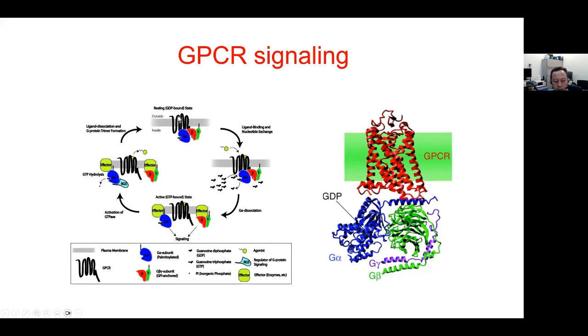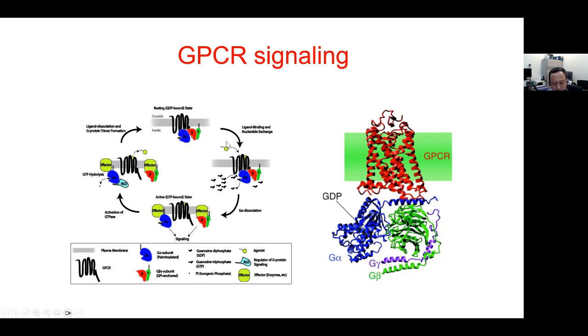When you don't have signaling, the G protein, which has three units, alpha, beta, gamma, associates with the receptor's intracellular part, and it has GDP associated with the alpha unit. This is the inactive state. It's waiting there to sense the signal.